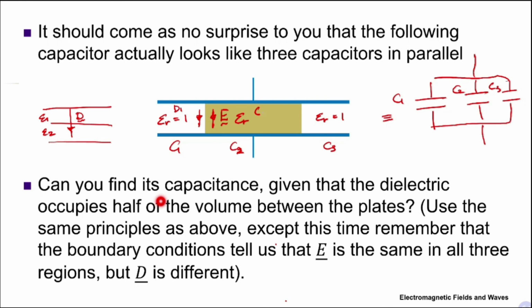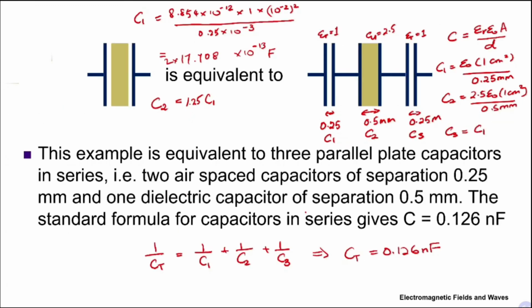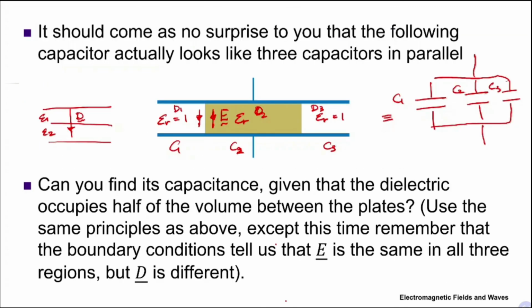So we have D1, D2, D3. Okay, so follow the same procedure that I did for the two layers and apply it in this structure and see whether you can come up with a formula that the total capacitance will be C1 plus C2 plus C3, and C1 is each of the single parallel plate capacitors.